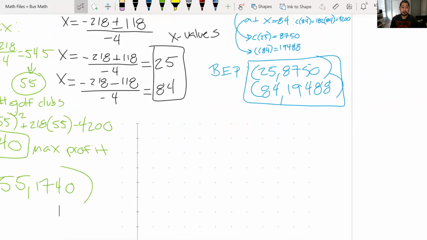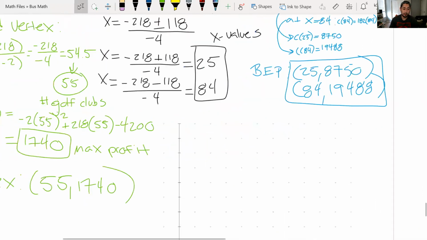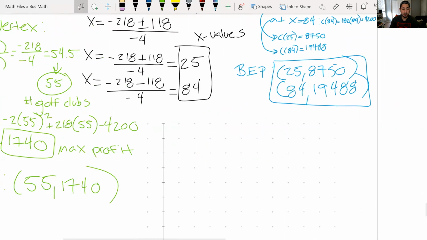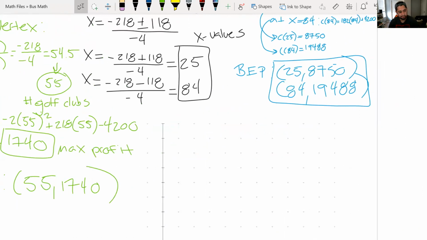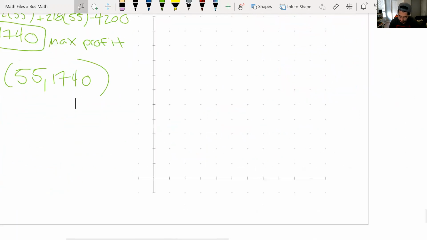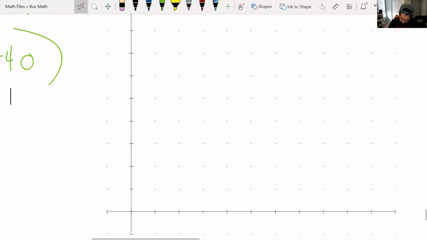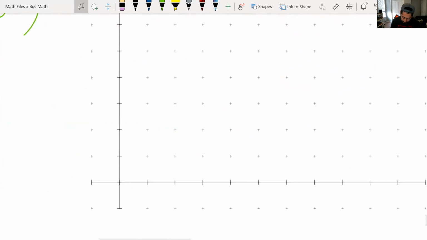Okay, look at our X values, 25, 84, 55. Let's go by 20s? Sure, let's go by 20s. Why not? I don't think we were given a domain, were we?